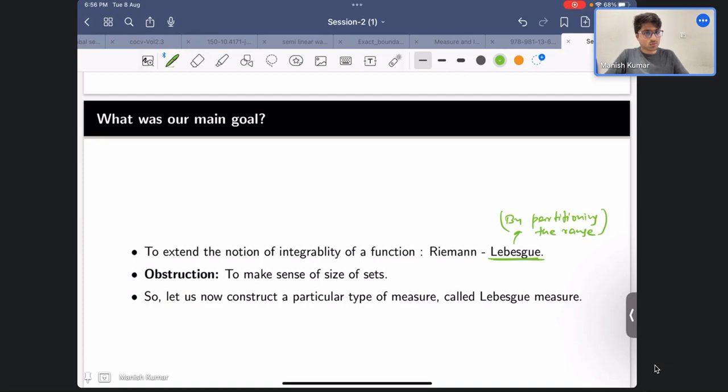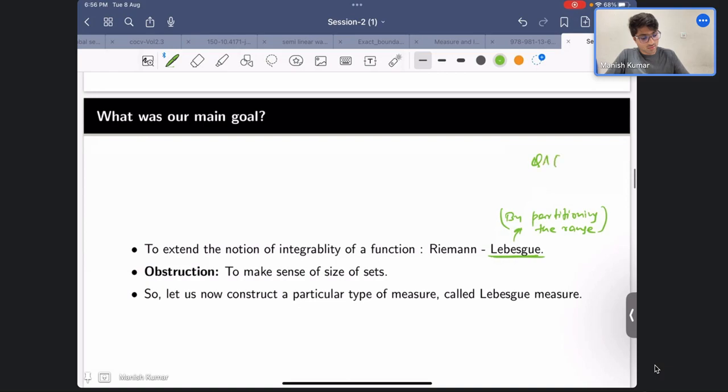While doing so, what we encountered was that there were some sets for which we didn't know how to measure the size, like this one or the complement of this, whatever. So we knew that there were some sets which we cannot measure, and that is why we want to define a measure called Lebesgue measure.